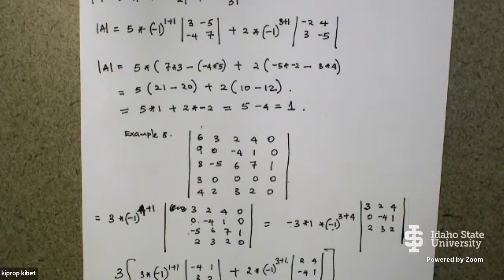So we are deleting the first row and the first column, then the third row and the first column. So you need to know which one is which. Okay. Any question? Any other question?